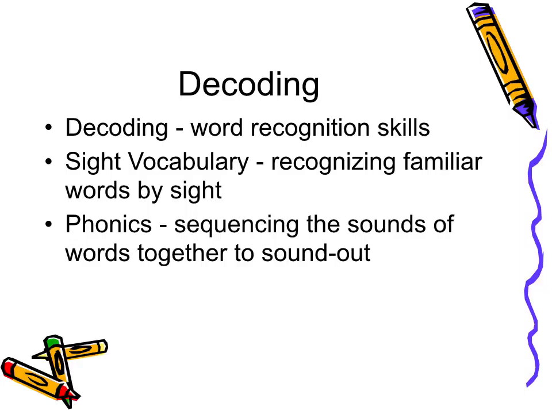Phonics really is the opposite of that, which looks at a student's ability to sound out the words, putting all the sounds together to sound out the entire word. And these are really two distinct skills: being able to decode, or recognize words by sight.